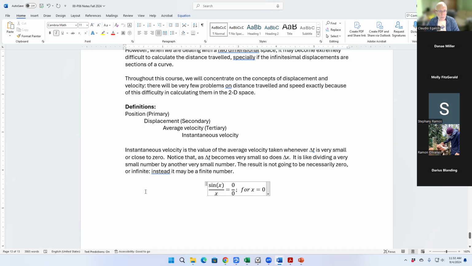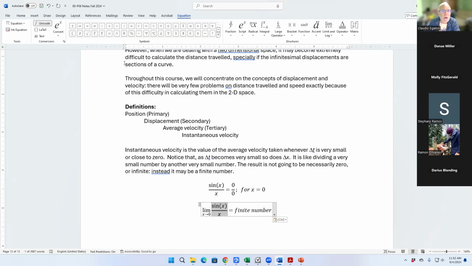But we do know that this ratio, which we represent by the notation limit as x goes to 0 of sine of x over x, is not going to be an indefinite number. It's going to be a finite number. And I can prove that to you if we go into Excel. So it's important for you to get familiar with Excel. Let's do that.